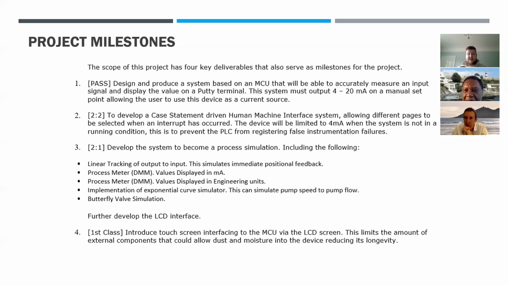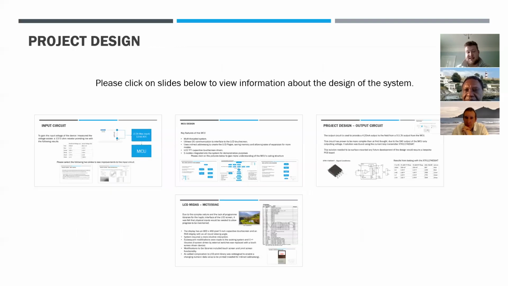So basically, this 4 to 20 milliamp process simulator is used in the PLC industry. When programmers of PLCs need to change code for any reason, when they're working in an industry such as the water industry, you can't just turn off a water purification plant, because then no one will be able to wash their hands or anything.